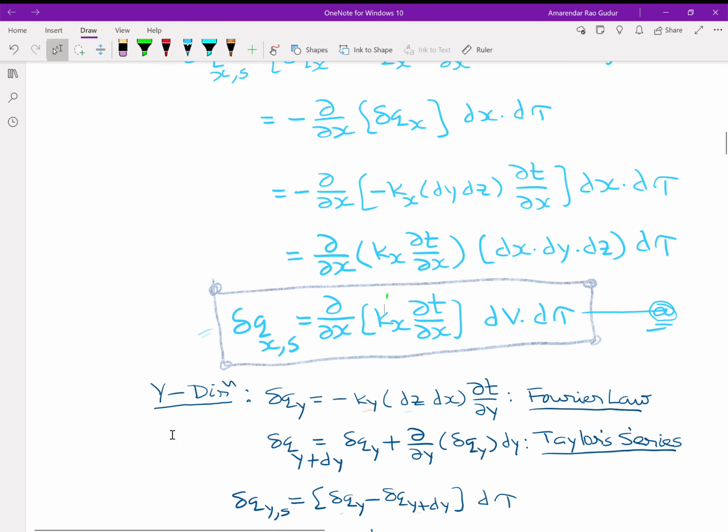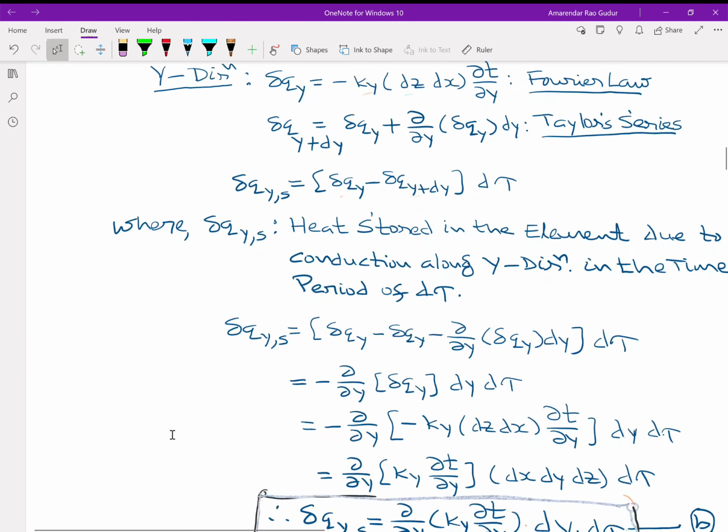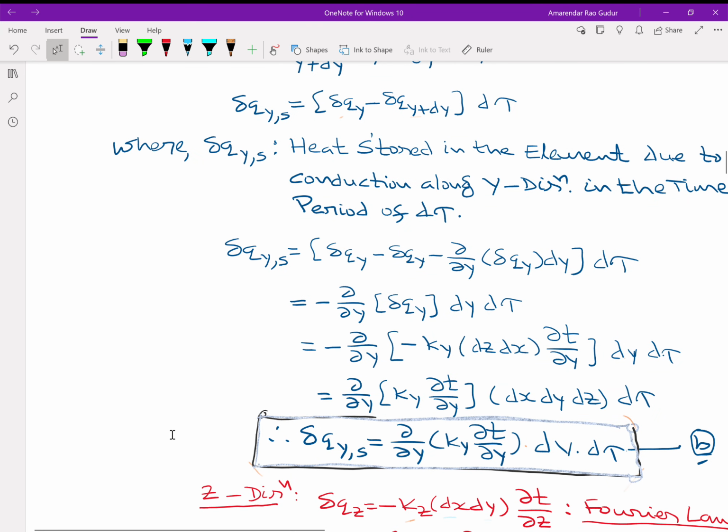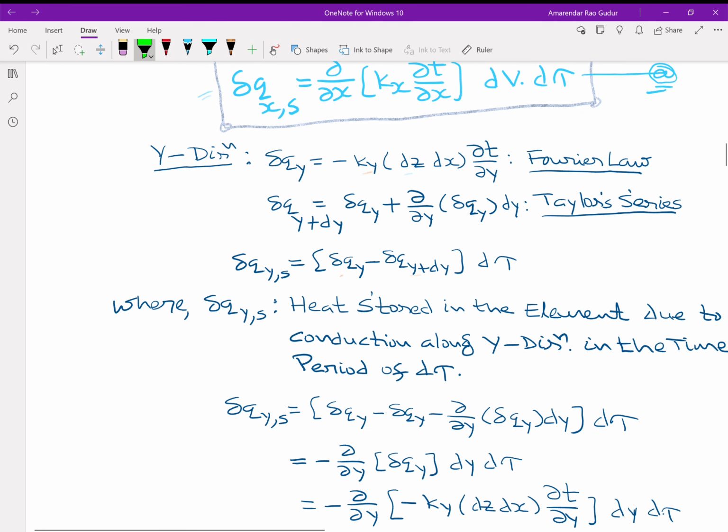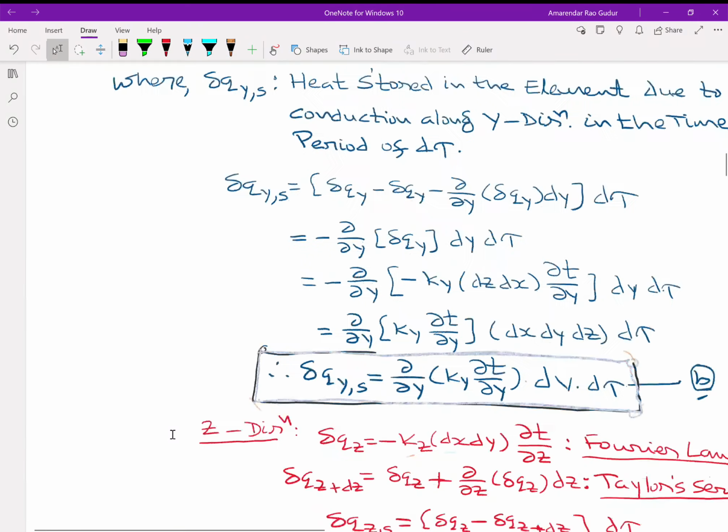And we perform similar analysis along y direction to get del Qy comma s as del by del y ky del T by del y dV d tau. Here ky stands for thermal conductivity of the element along y direction, and you may note that the area available for conduction along y direction is the product of z and x dimensions.